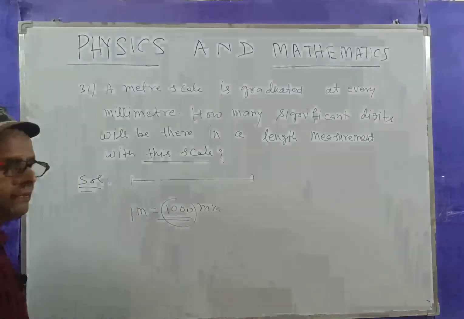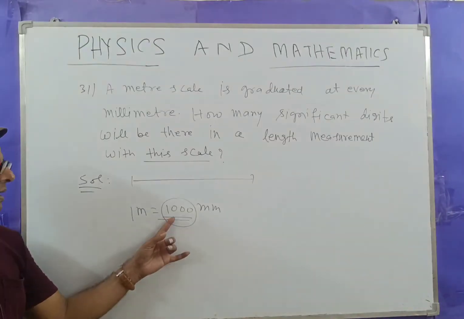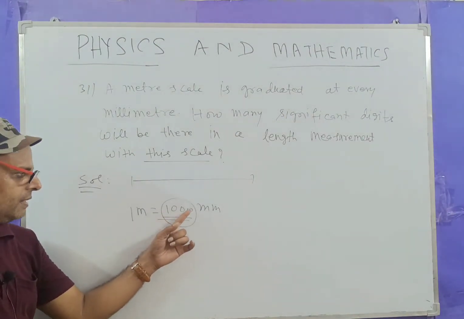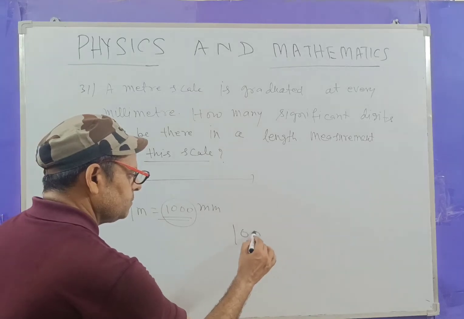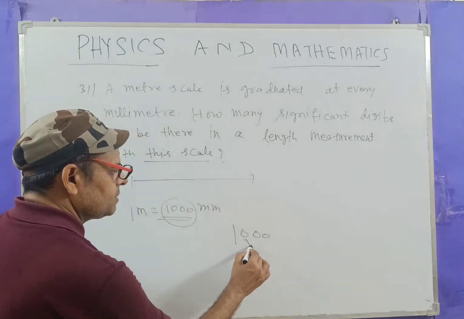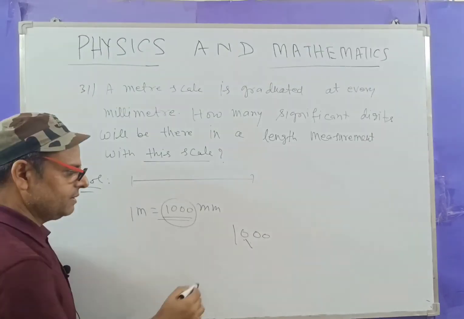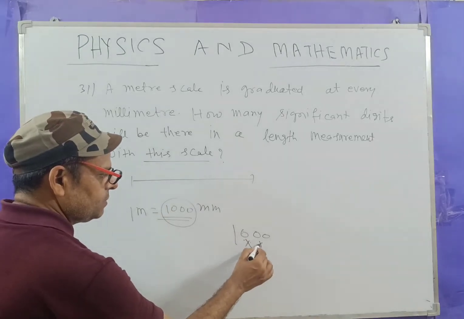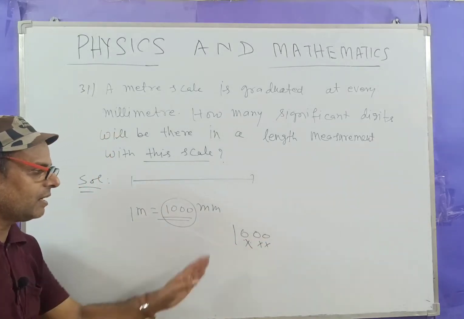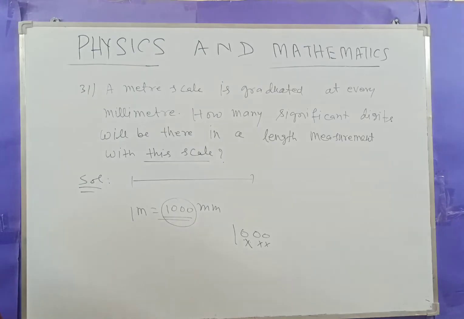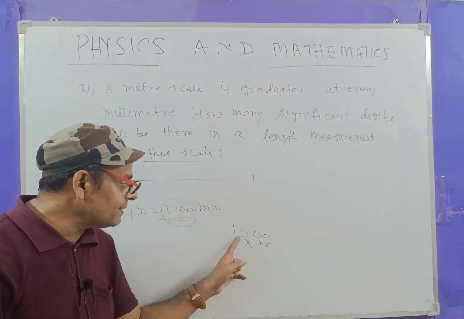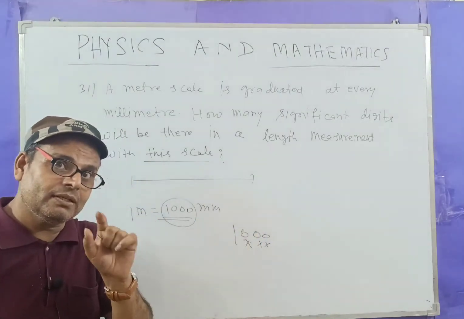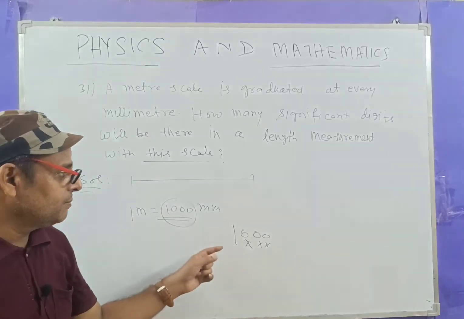Okay. Actually, in the number 1000, as per the rule of significant figures, the zeros after 1 are not significant. If it were after a decimal, then they would be significant. But there is no decimal.